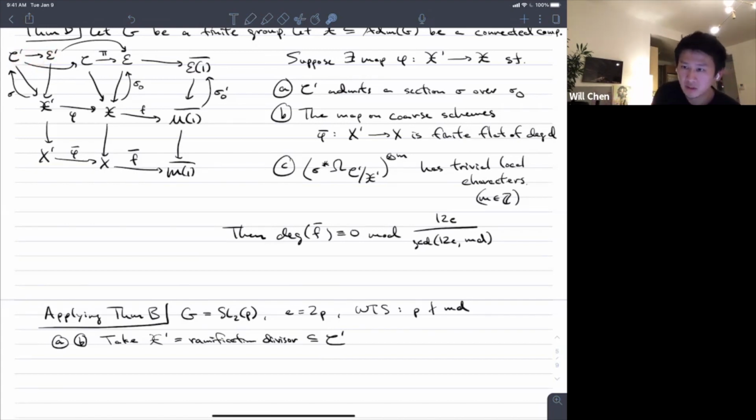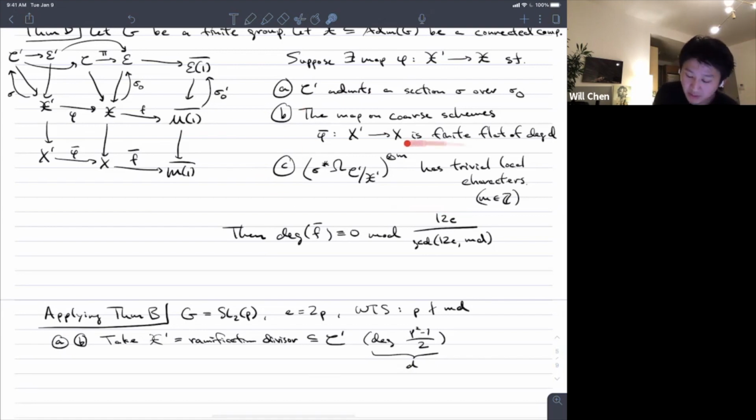Its ramification indices are 2P. So its reduced ramification divisor will have degree (P squared minus 1) over 2. Right, so this is prime to P. So we're good there, because this guy has degree over X. In particular, this means that you can take D to be this. So this verifies conditions A and B.